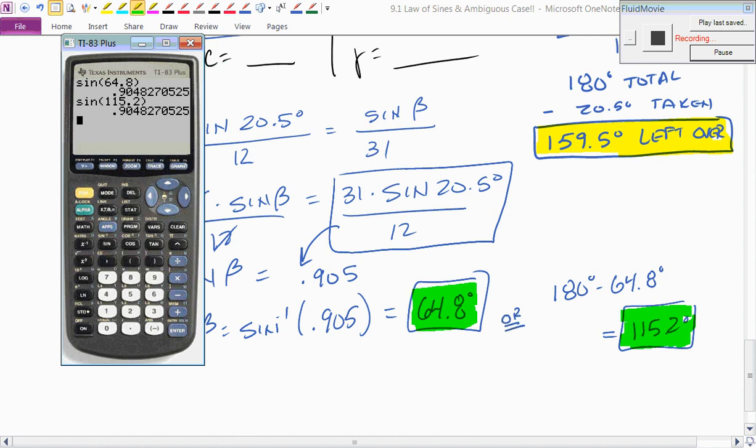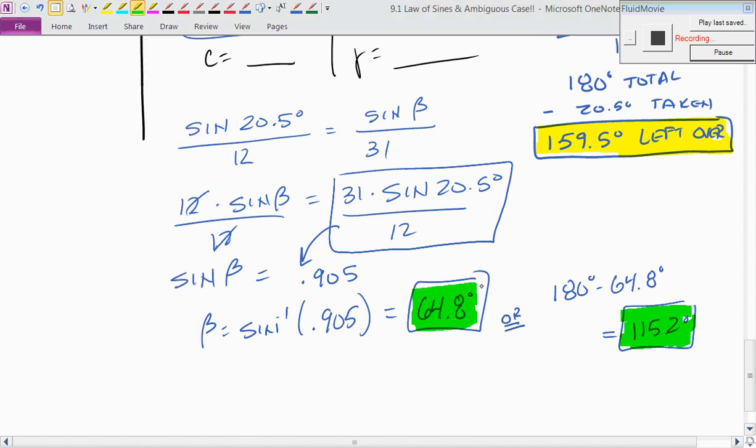So there are two angles whose sine is 0.905. And here's how you know there's two. 64.8. Is that less than the leftover? It sure is, right? 115.2. Is that less than the leftover? It sure is. So you could have these two possible cases going on, right?